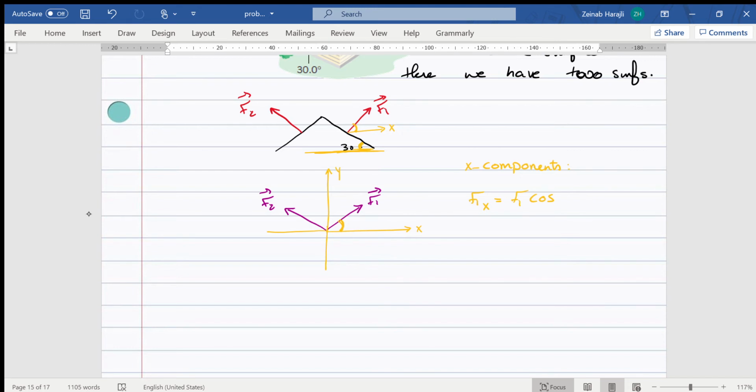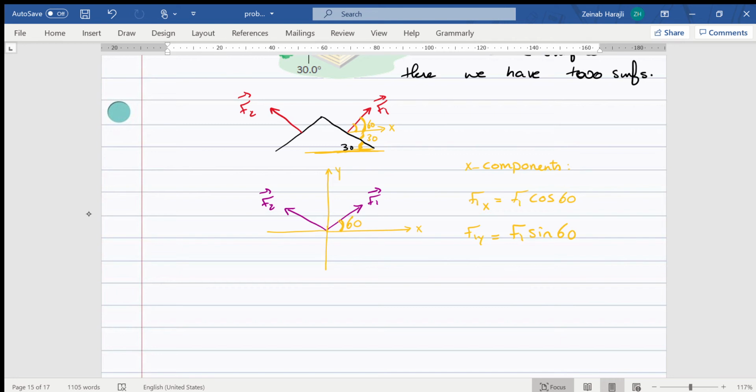If this angle here is 30, then this will be also 30, and then the angle that F1 will make with the horizontal will be 90 minus 30, which is 60. So this is just a little bit of geometry. So the angle here is 60, and then the x component of the force is going to be F1 times cosine 60, while the y component will be F1 sine 60.